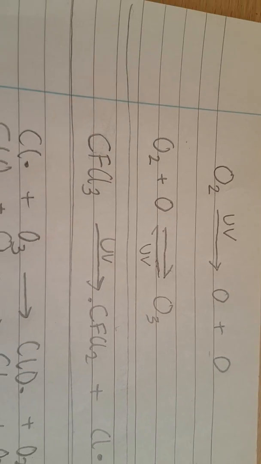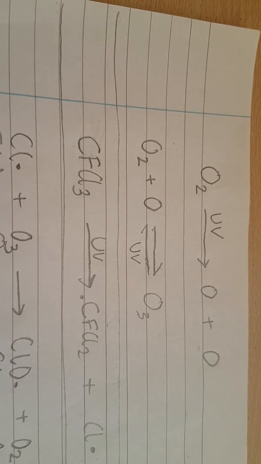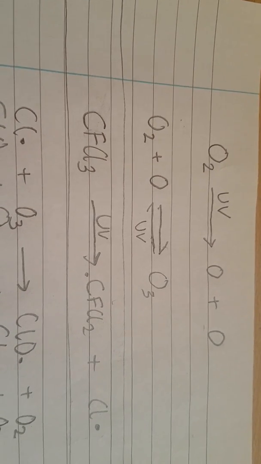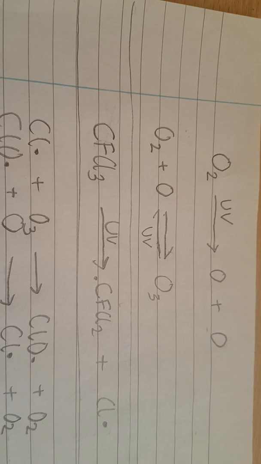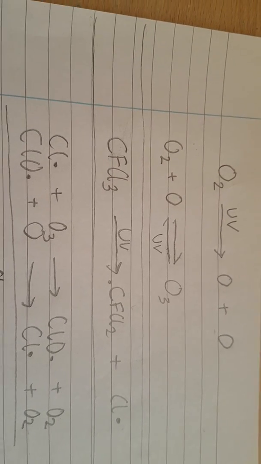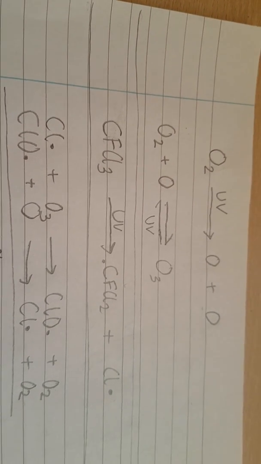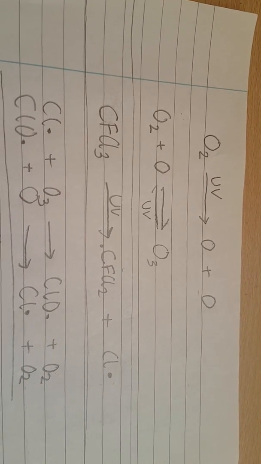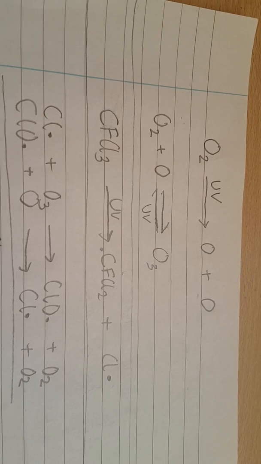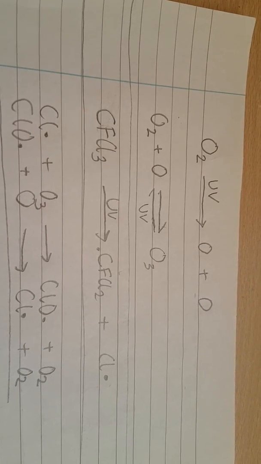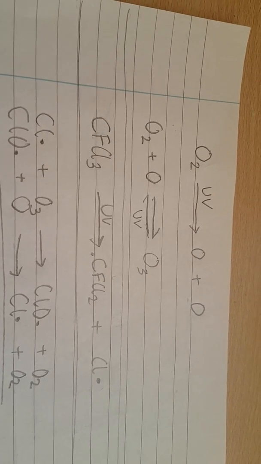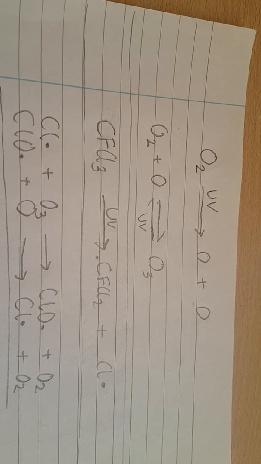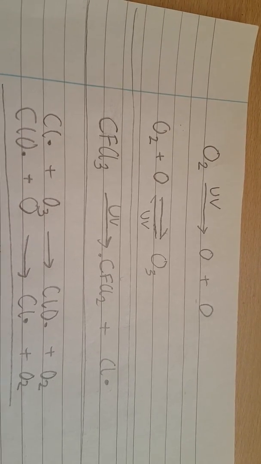Chlorine radicals can destroy an ozone molecule according to that first step, forming a chlorine monoxide radical. The chlorine monoxide radical will then combine with oxygen atoms, and remember there are always some free oxygen atoms up in the stratosphere due to the top reaction, reforming a chlorine radical and another oxygen molecule.